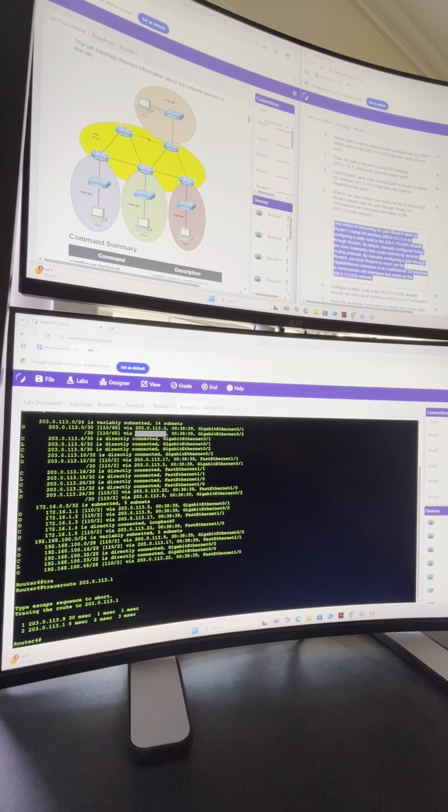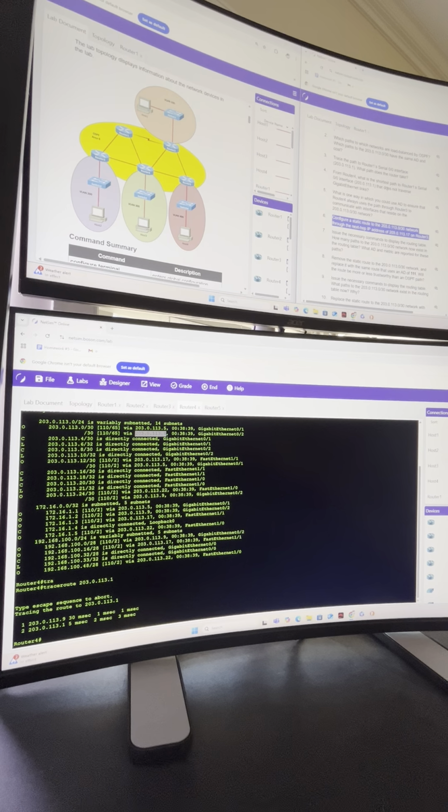And that is exactly what I just explained. It says by manually configuring a path through router 3, you force router 4 to never use the gigabit Ethernet interface or the fast Ethernet 1/0 interface to communicate with interfaces that reside on the 203.0.113.0/30 network.